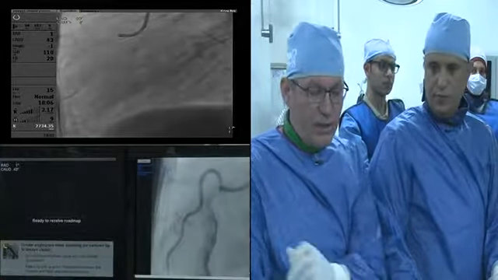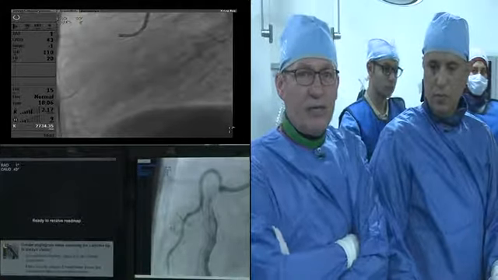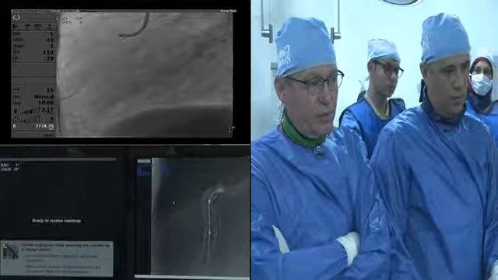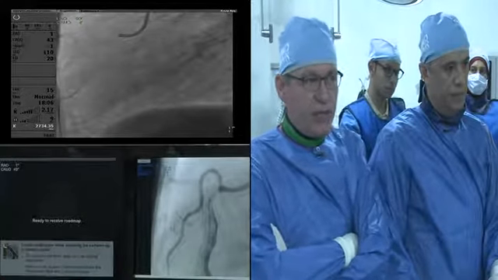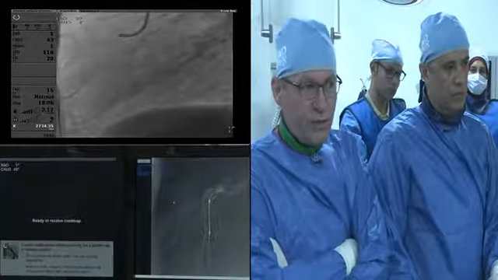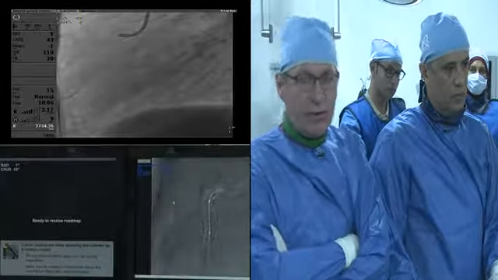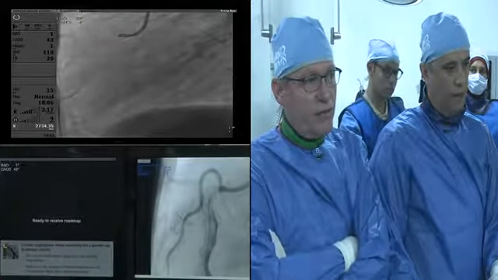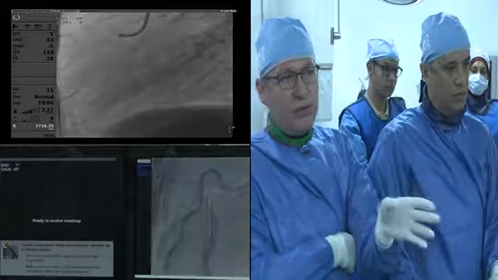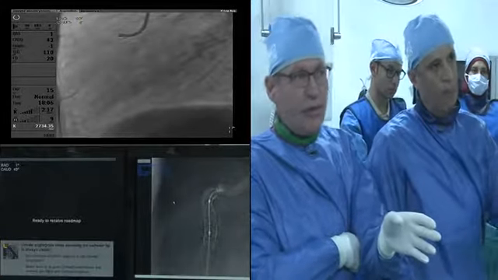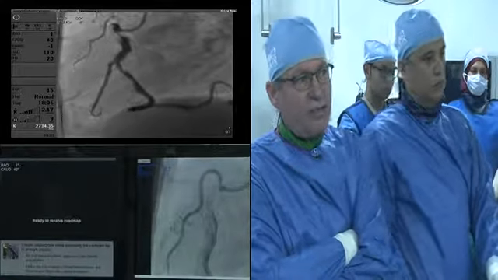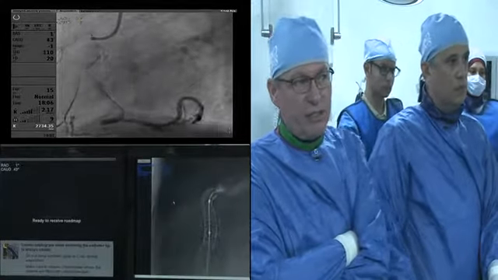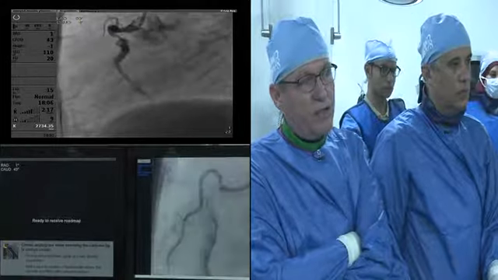We decided to start with the right, which is really huge and dominant, but I agree that probably the culprit 3 months ago was the LAD, maybe also the ramus. It's difficult to define. We started with the right because it's a very dominant artery, and after fixing the right, it would be much easier to focus on the left system.